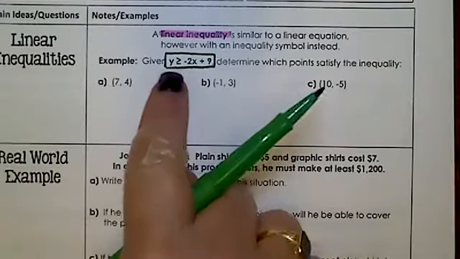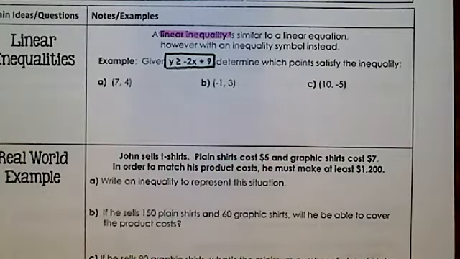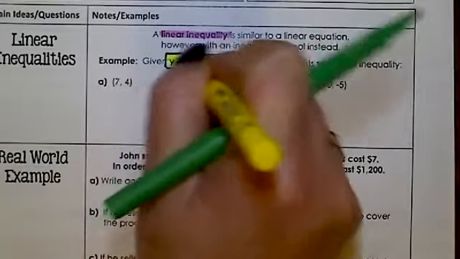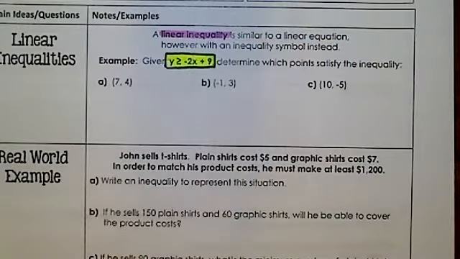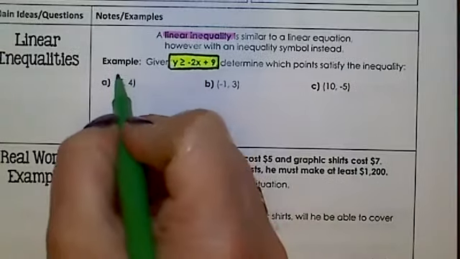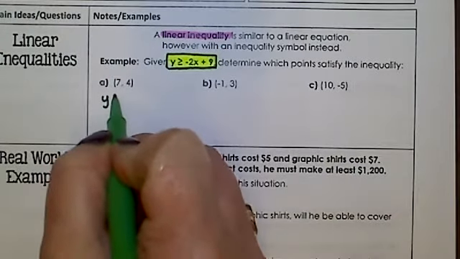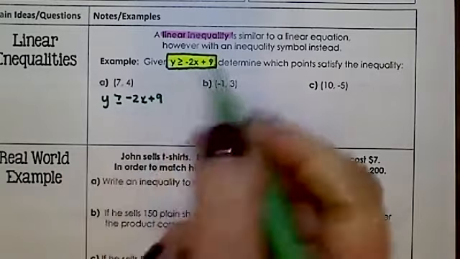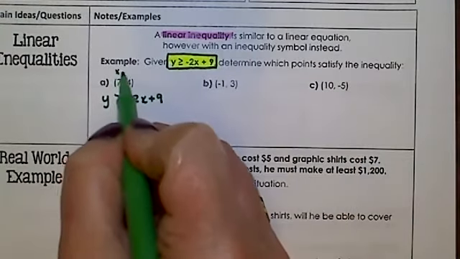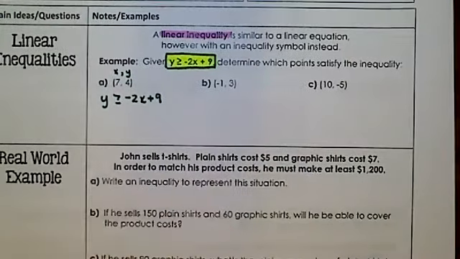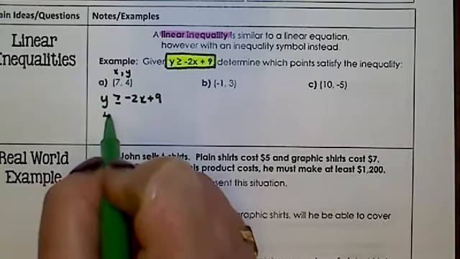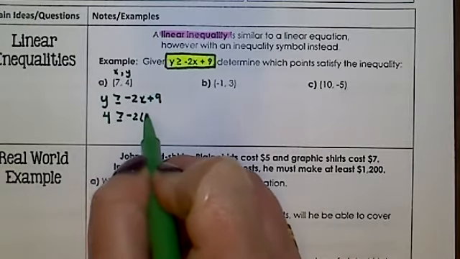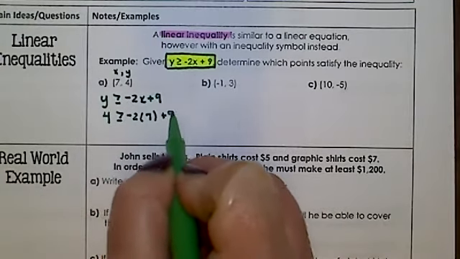So this would be my linear inequality that I'm given, and I'm going to see which points actually satisfy this solution. So I'm going to recopy that over and test my x and my y. For y, I'm going to have 4, and for my x, I'm going to put in a 7.